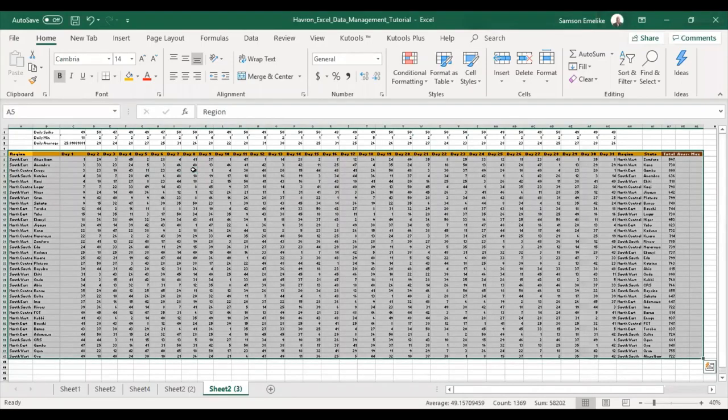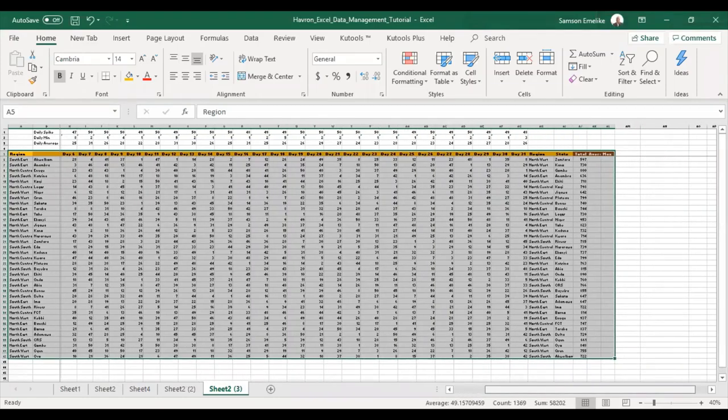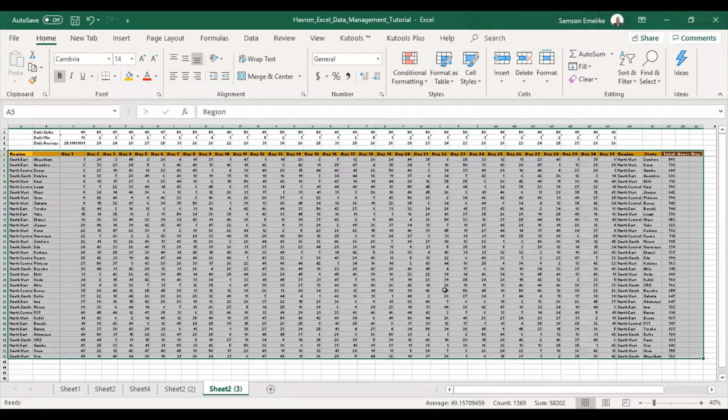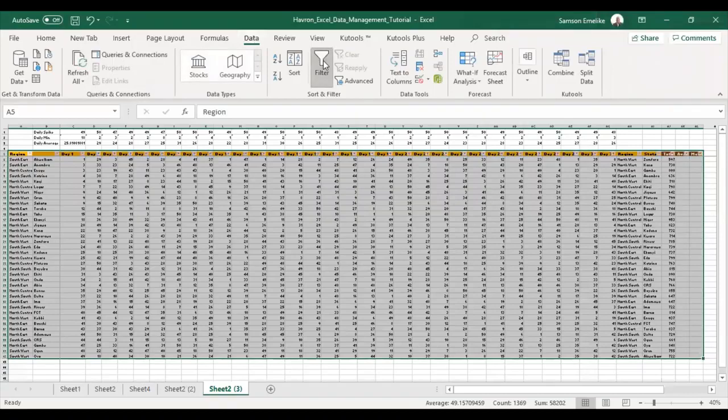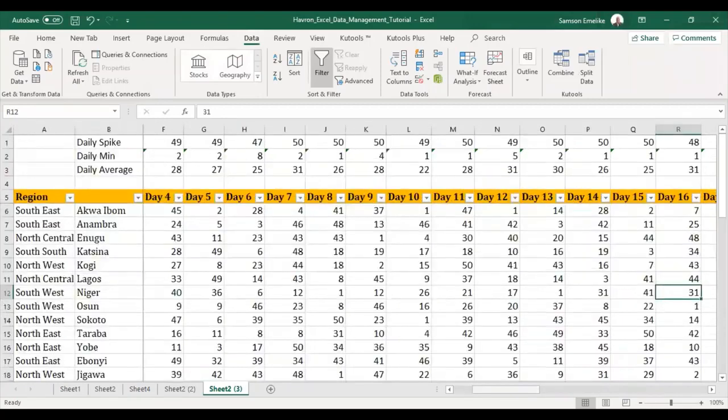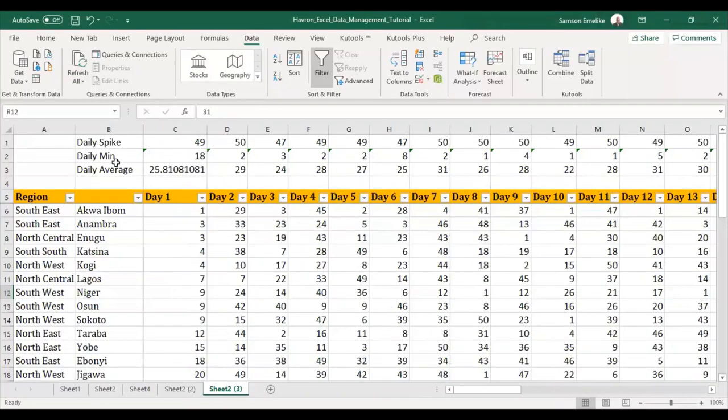Yes, Control plus Shift plus 8. It highlights the entire table. This is where I want to apply my filter. I come under Data and apply my filter. Good. Now, I want us to filter. Let's filter for 18 here.